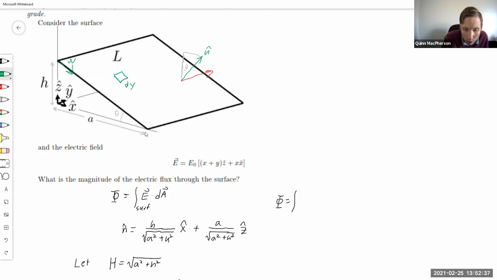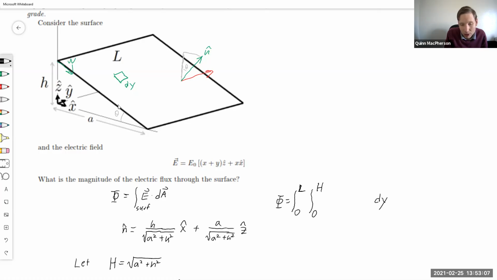So we can write this double integral as, well, we're going to integrate from 0 to L dy, and we're going to integrate from 0, where w equals 0 here, down to here. That distance there is capital H. Remember this capital H is the thing we defined as the square root of A squared plus H squared.